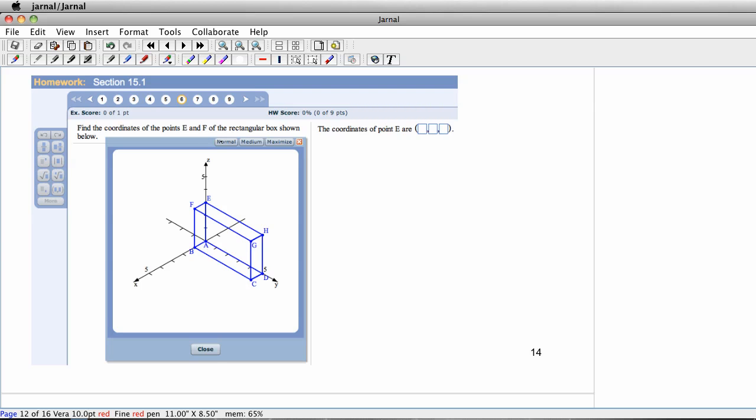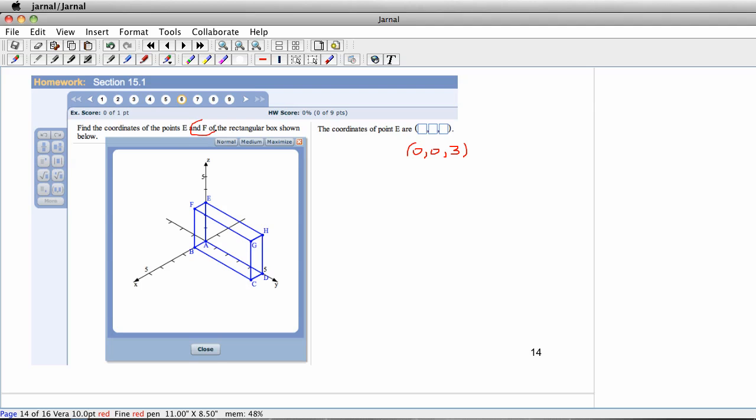Coordinates of points E and F. Well, E is right on the z-axis, so that one's kind of silly. If you're going to point E, you're going to start at A, and you're not going to go out on the floor at all. You're just going to go straight up the z-axis. So point E is at 0, 0, and then 1, 2, 3 units up. So 3 feet above the origin.